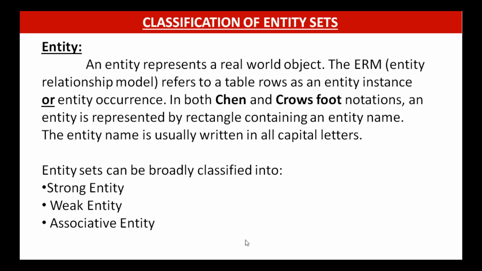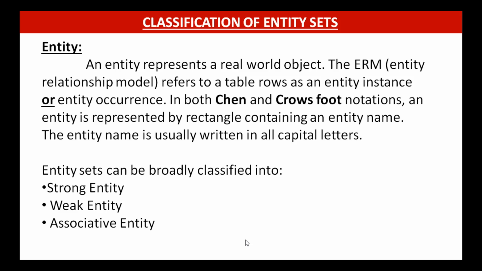In the entity relationship model, an entity represents a table, and a table contains rows. Those rows are referred to as entity instances or entity occurrences.